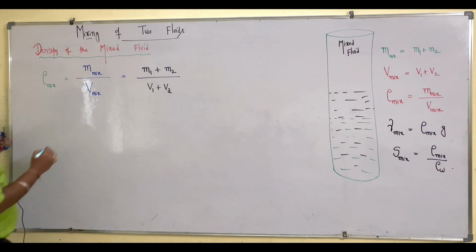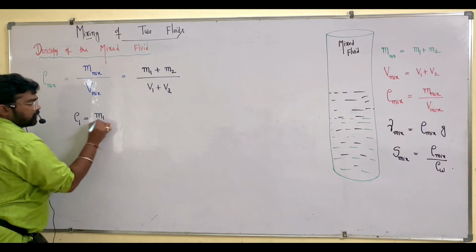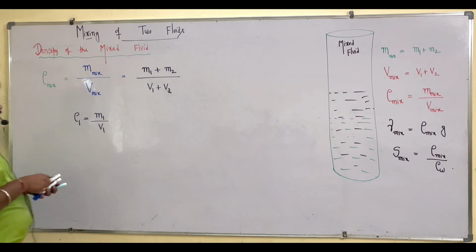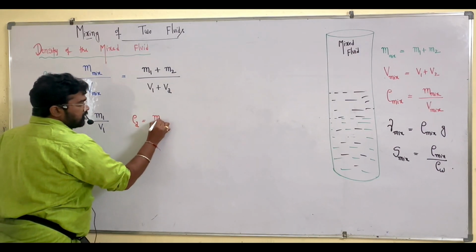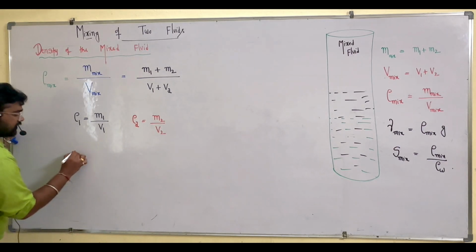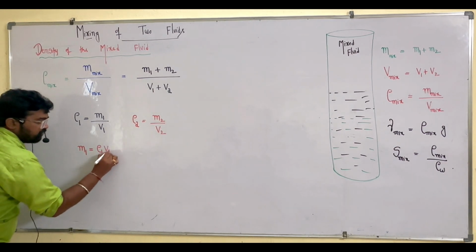So we know that rho 1 equal to M1 by V1. Rho 2 equal to how much? M2 by V2. Here, what can we write for M1? Rho 1 V1.